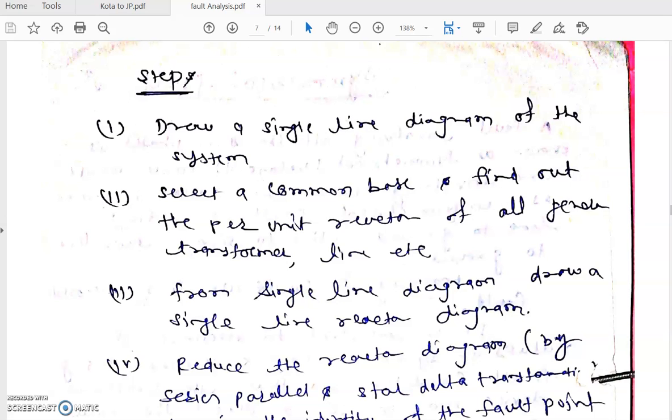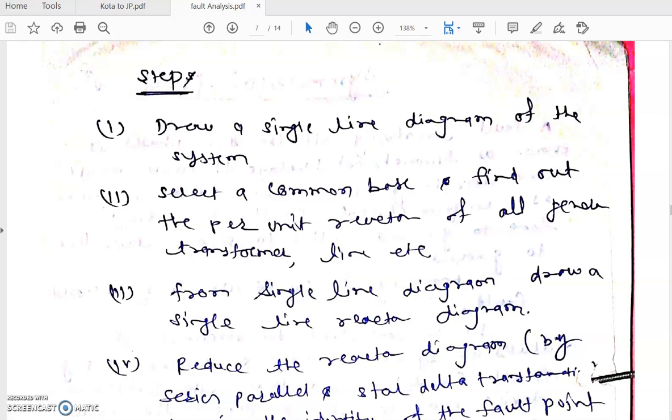Means we have to pictorially represent our system and take the ratings of all the components of the system. Then, as I have already discussed when I covered the per unit system, to solve the symmetrical fault we have to make the per unit system diagram.